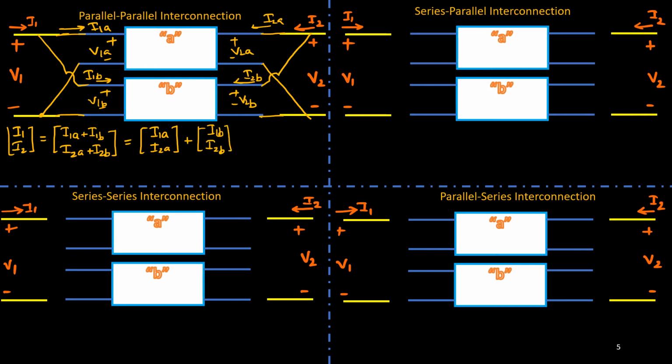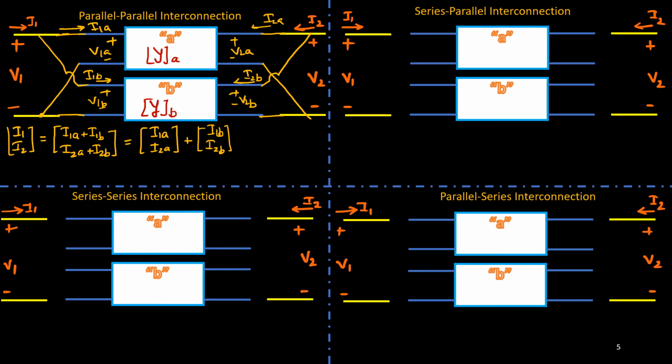So this current I1, I2 we can express in terms of V1, V2, and that is simply Y parameters, short circuit parameters. Thus we'll consider this one as Y parameters. I'll consider YA parameters here, and here it is YB parameters.